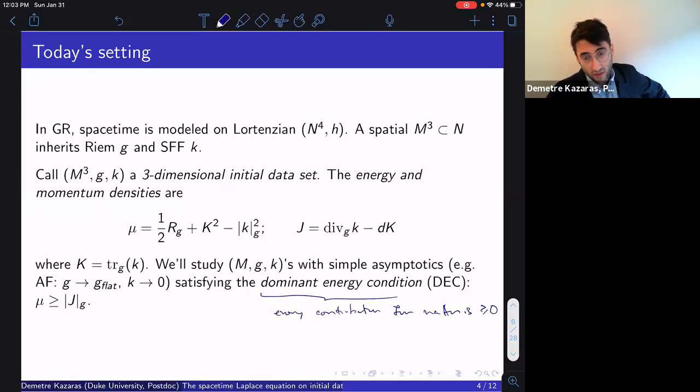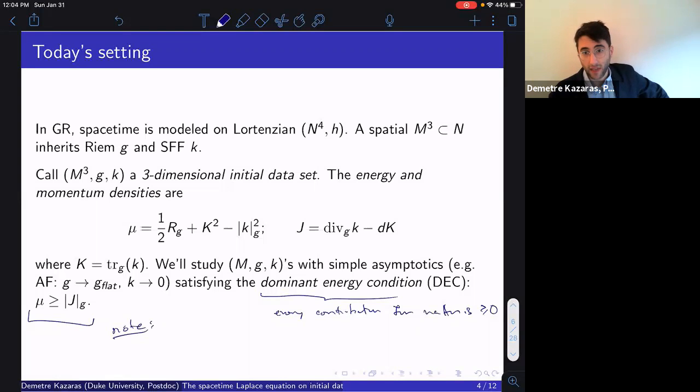If the Lorentzian manifold satisfies this condition, which I haven't told you exactly what it is, then the initial data set inherits a condition, which we also call a dominant energy condition, and it is expressed by mu greater than or equal to the norm of this one form J, dominant energy condition.